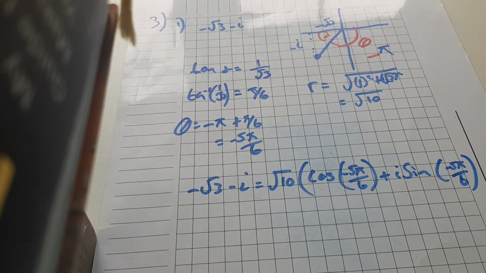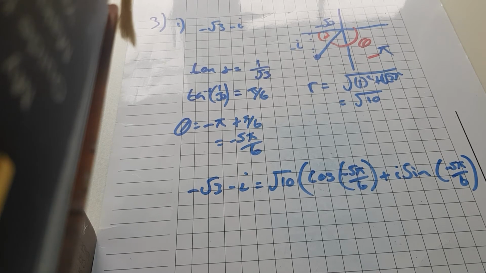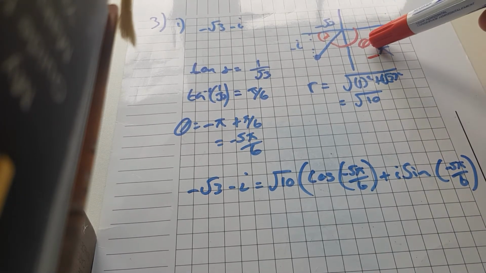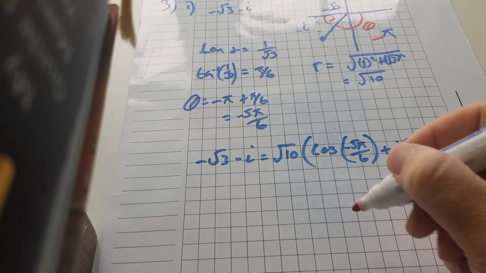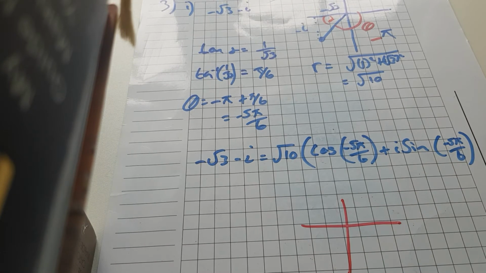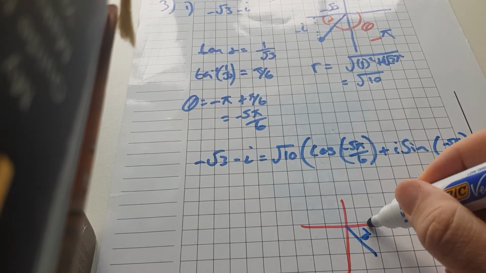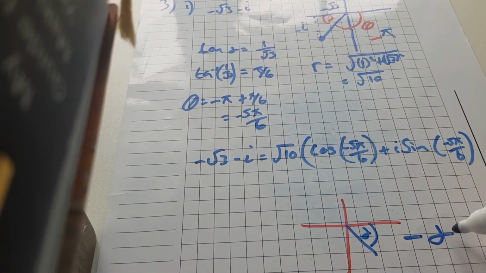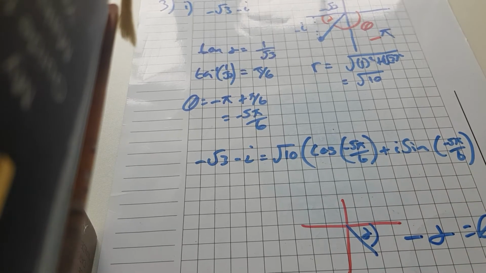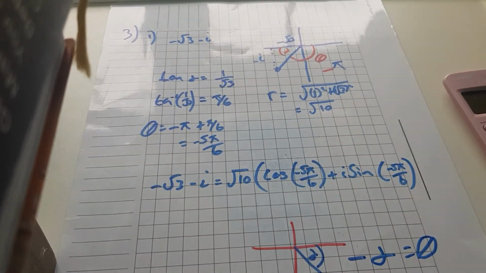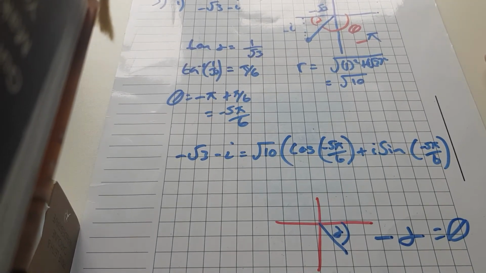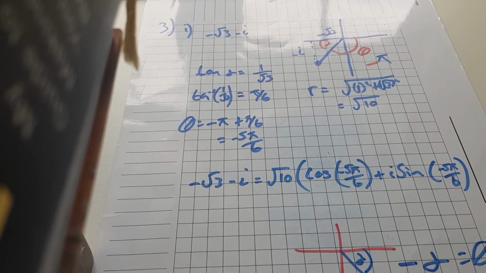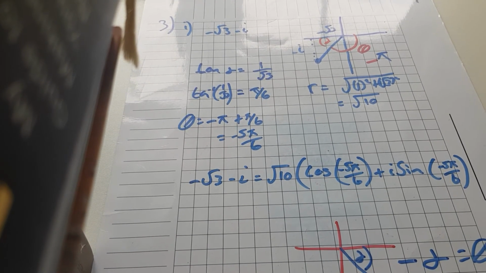Okay, and it's the same if I did it this way. For question 4, when I'm looking for the reference angle here, if it's in the third quadrant, it's just minus my reference angle theta. Okay, so that's from the homework.